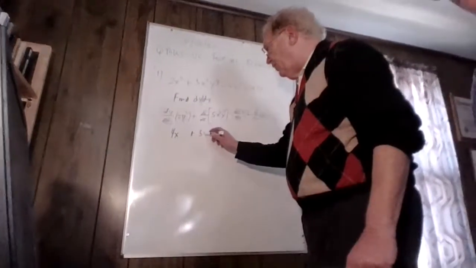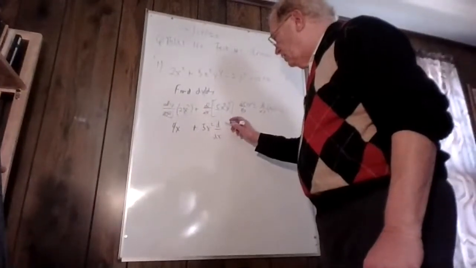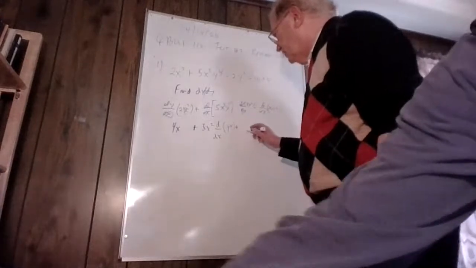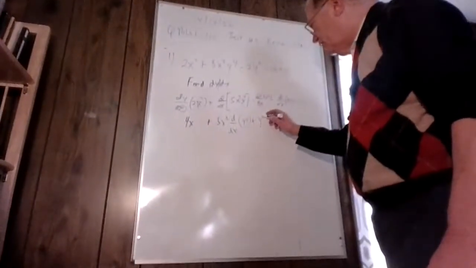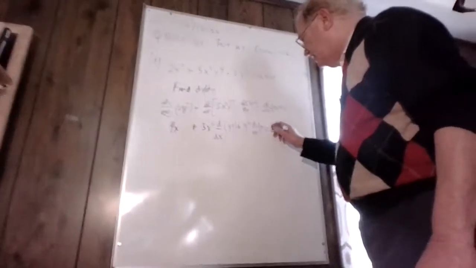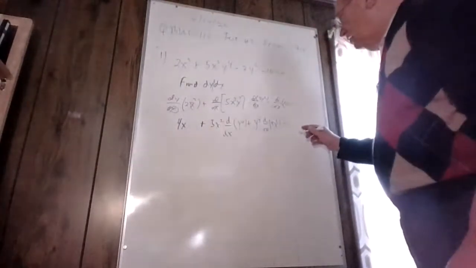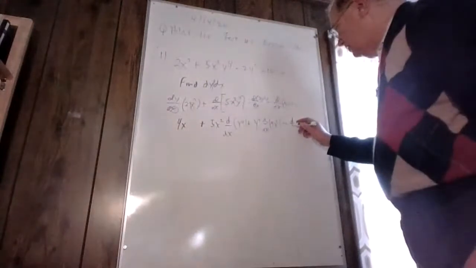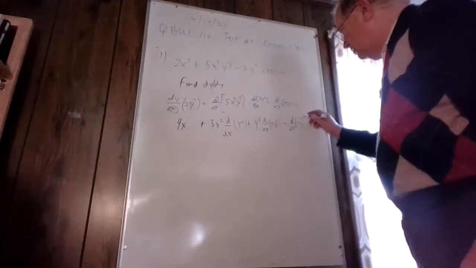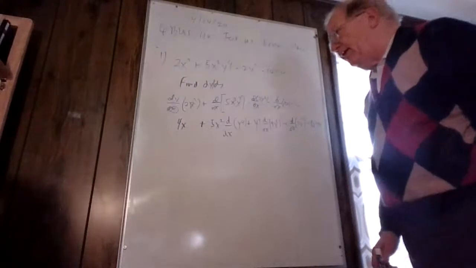So I have to take the first term times the derivative of the second term, y to the 4th, plus the second term, y to the 4th, times the derivative of 5x squared, minus the derivative with respect to x of 2y squared, and the derivative of a constant is 0. So we'll put that on there.